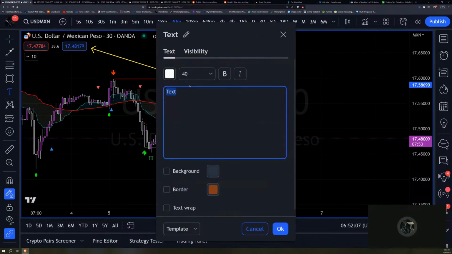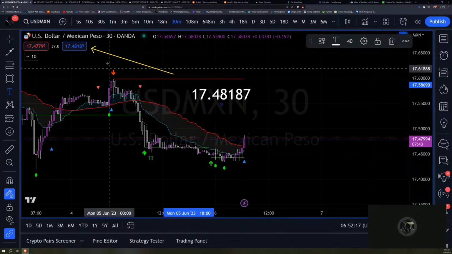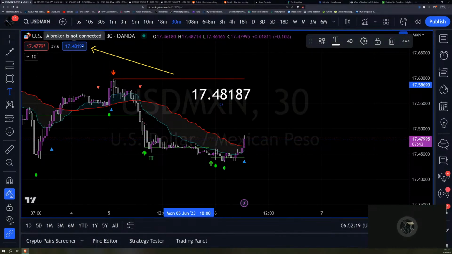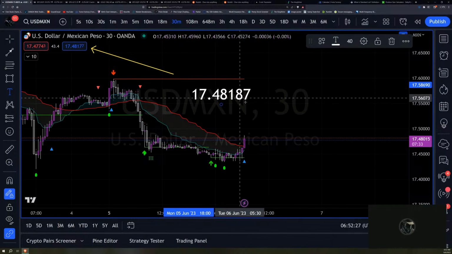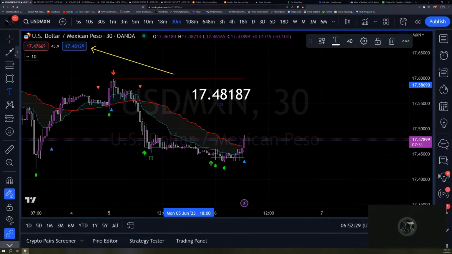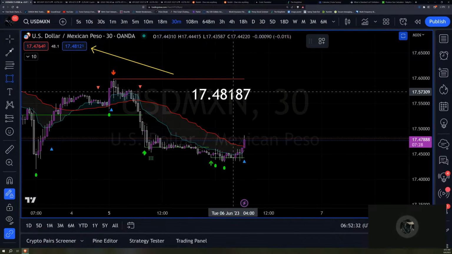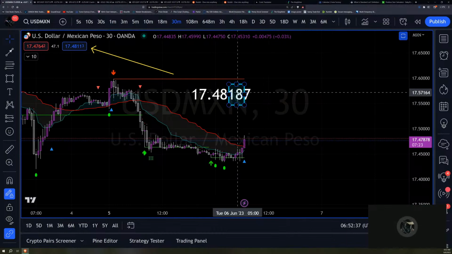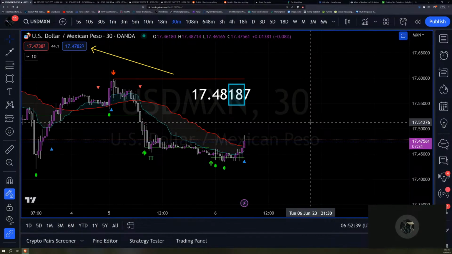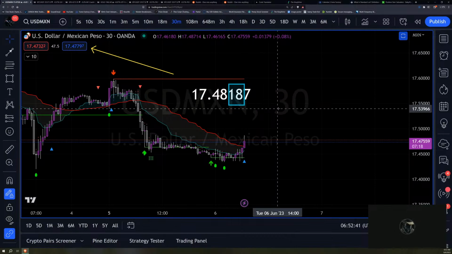If you look at it, it's 17.48187. The fifth digit, the 7, is the smaller number, meaning your pip is the number before that. So at the time that I typed this, your pips are the 18s. That's how you know the pips according to the chart.